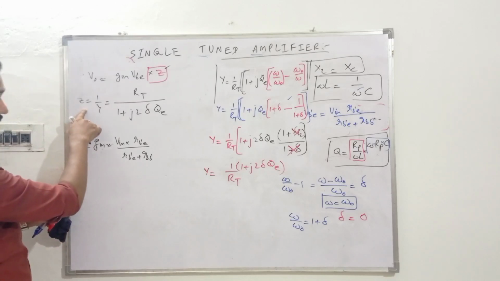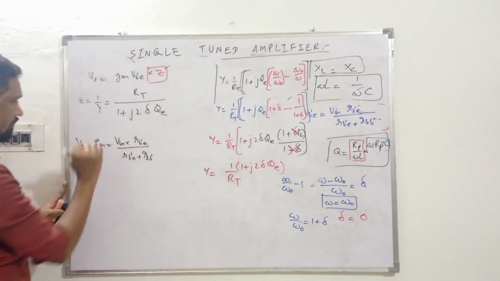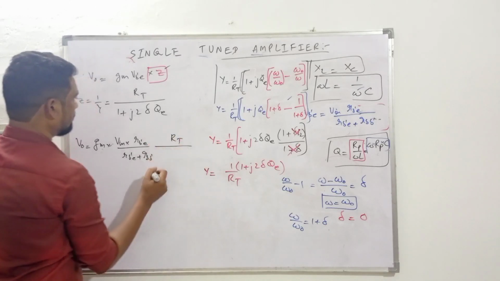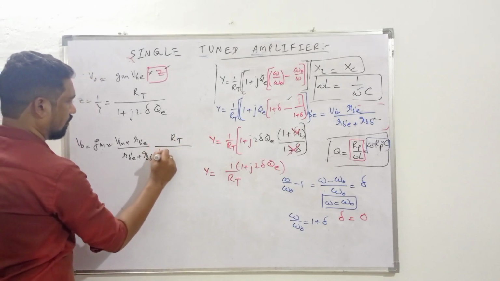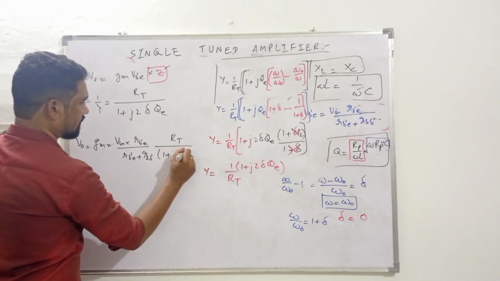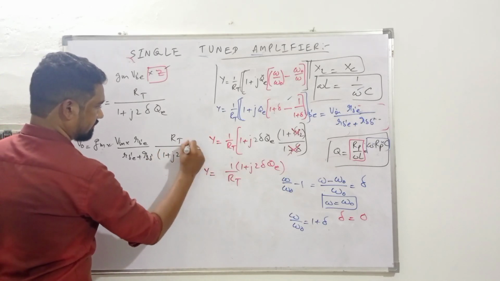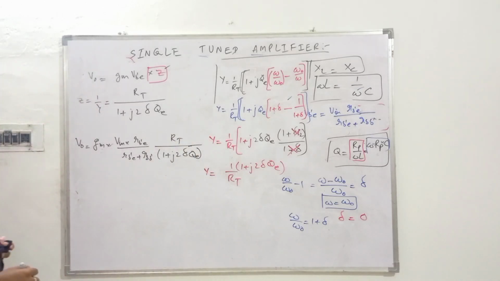Okay, Z, no sorry, reciprocal of this one, this is Z, so plugging in Z as it is, RT upon 1 plus j 2 times del into Q effective, right?